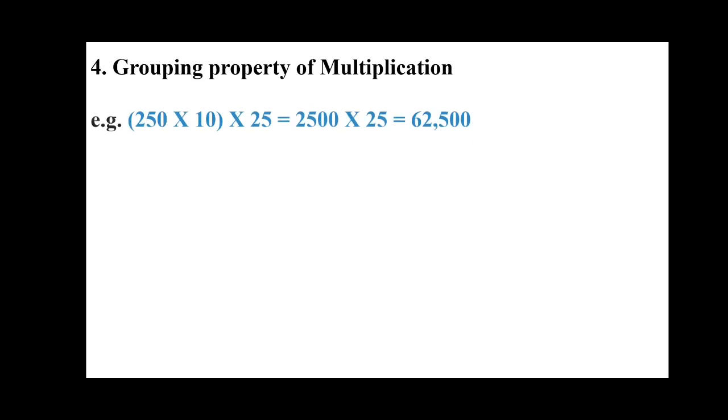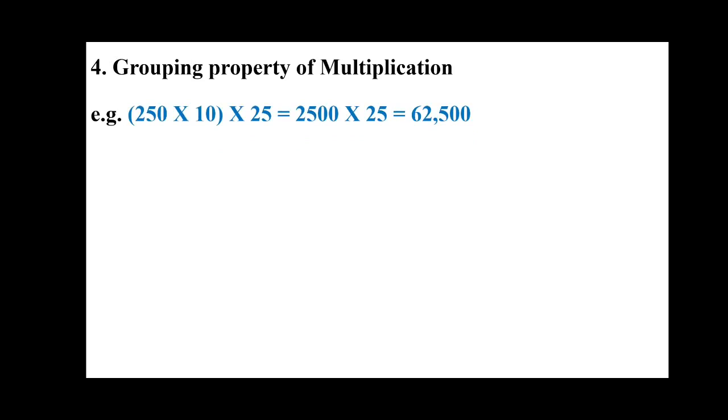Fourth property, grouping property of multiplication. In grouping property, 3 or more numbers is there. We can group that numbers any way. The answer does not change. Here the numbers 250, 10 and 25 are given.